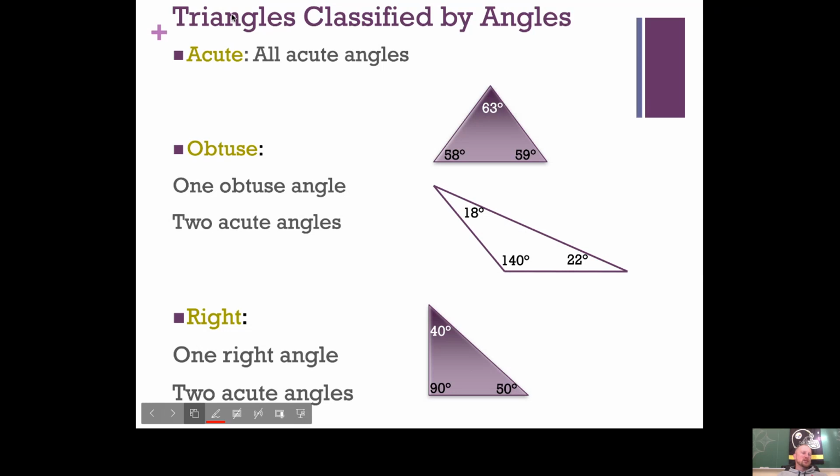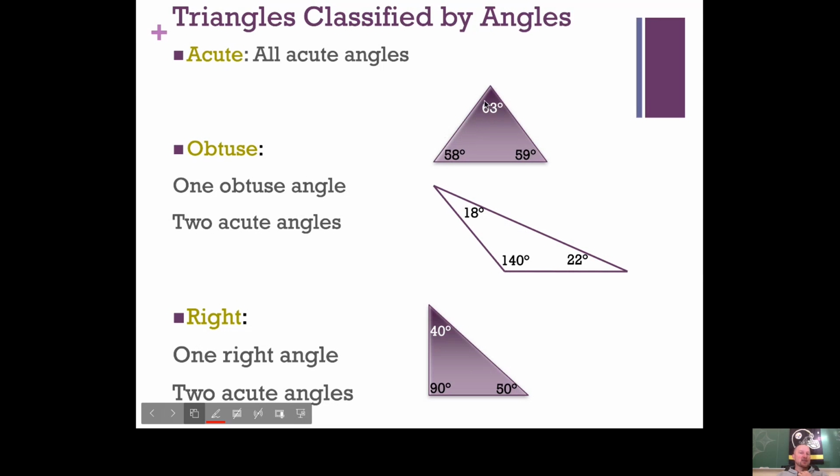Also, in your assignment, you're going to have to classify triangles by their angles. An acute triangle has three acute angles in it. Also, before we move any further, it's probably a good idea to talk about how many degrees are in a triangle.